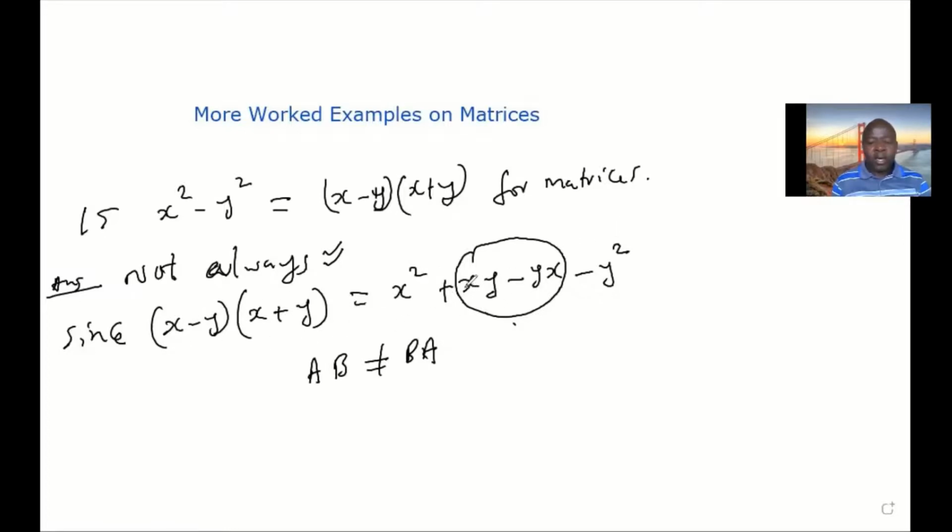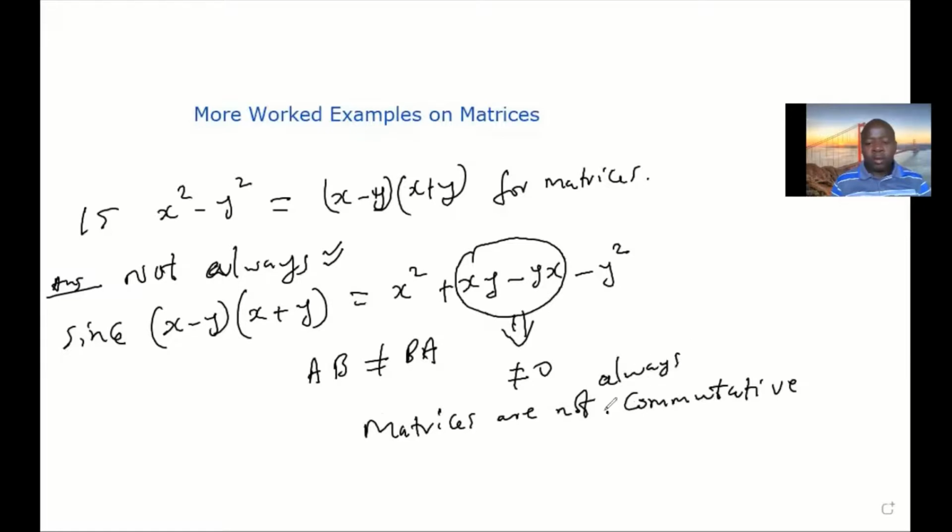But for matrices where this is not the same as this, then you can never get x squared minus y squared, because there will always be something here. This is not always equal to 0 for matrices, because matrices are not always commutative.